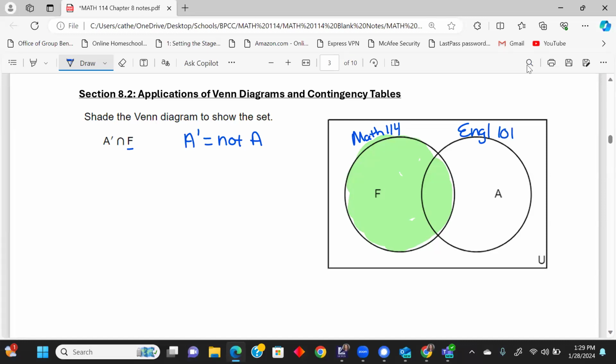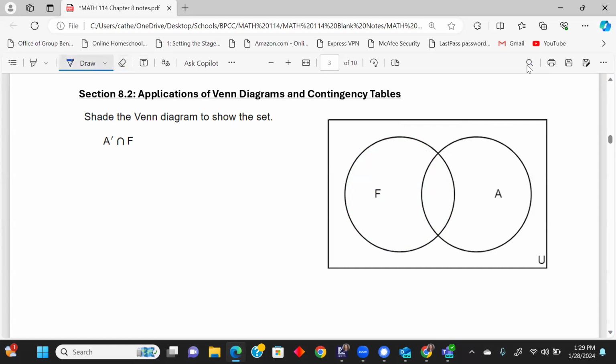I don't know what the course codes are for English. This overlap in the middle are the students that are taking English and math. So if we just want F, just the math students, that's going to include some of the students that are also taking English. This has nothing to do with the problem. I'm just explaining to you what some of these are.